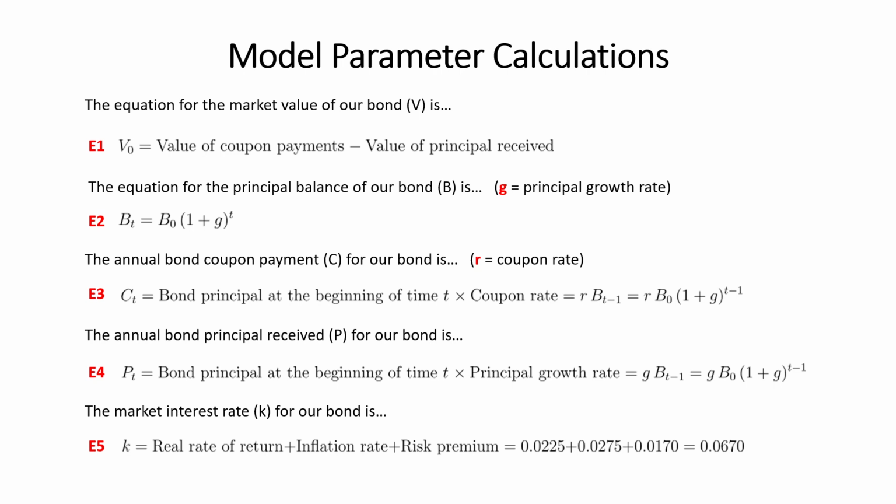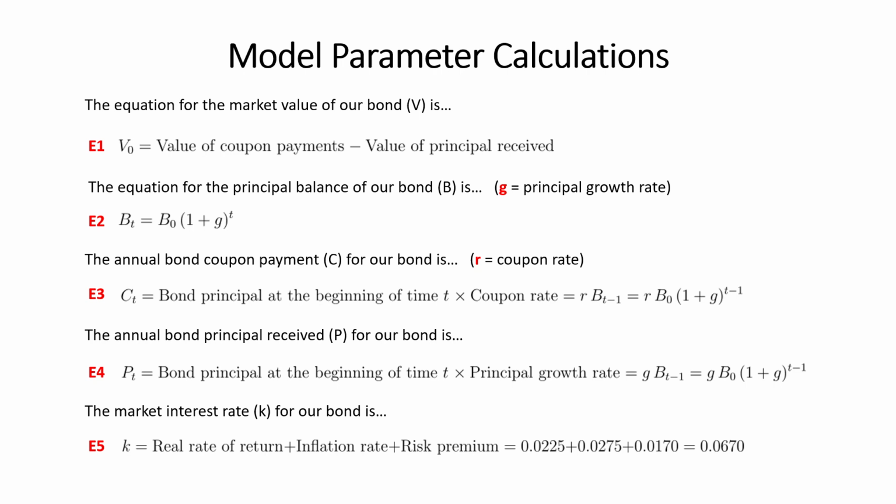E3: just like in the case of E2, the coupon payment is not a fixed amount. It will grow over time. So we define the coupon payment as capital C, but in this case we add a subscript T, because the coupon payment is time dependent. The coupon payment at the end of year T would be the bond principal at the beginning of that time period times the coupon rate.